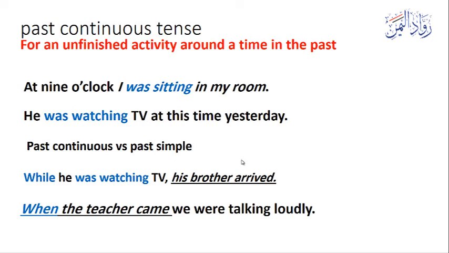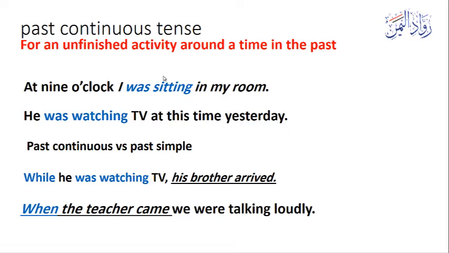Past continuous tense. Past continuous tense is used to describe unfinished activity around a time in the past. It means that there was an activity, an action, happening for some time in the past. At 9 o'clock, at this specific time in the past, I was engaged in something.